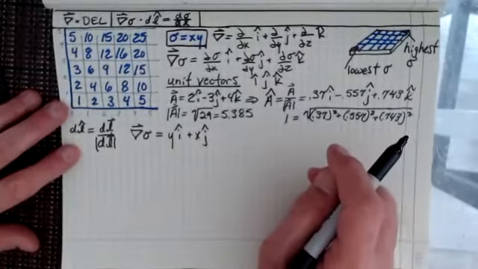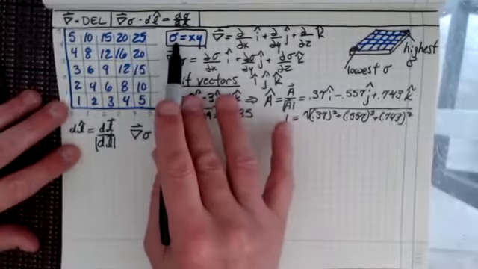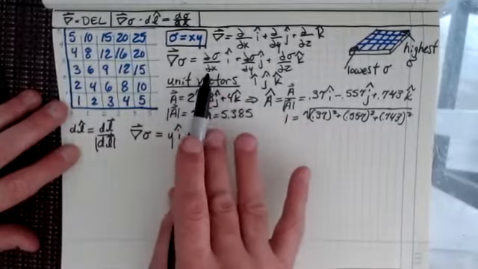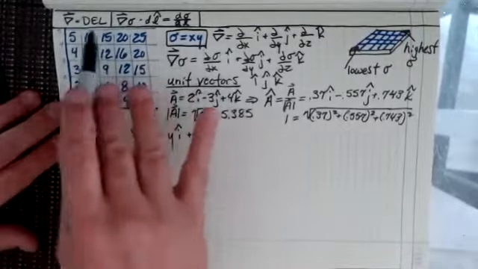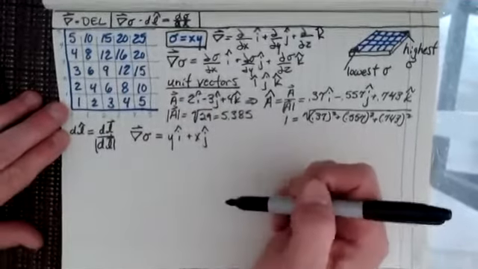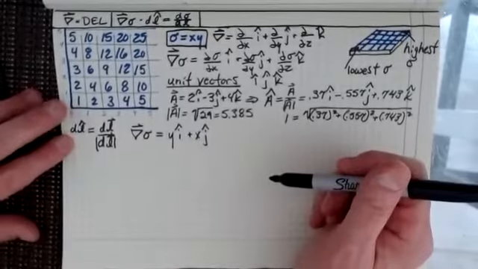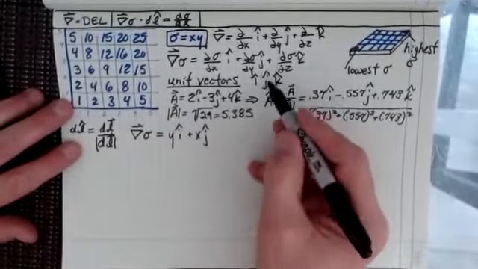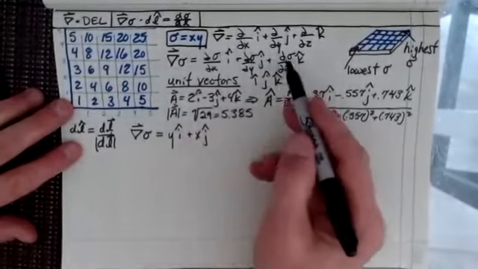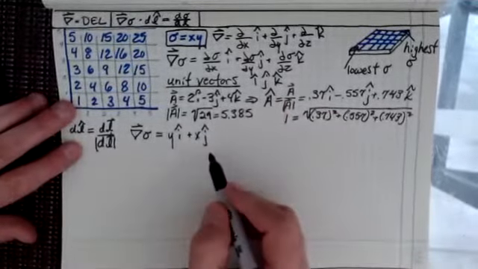I hope I haven't lost anybody. I'm just taking the partial derivative of that equation with respect to x, and then with respect to y, and you can basically see how it's laid out here as far as sigma equals xy, just for our little grid. Now, I've taken that, and so I've got this. And we could do the last one too, take the derivative of that with respect to z, and of course it's nothing, so it's 0. So this is what we've got.